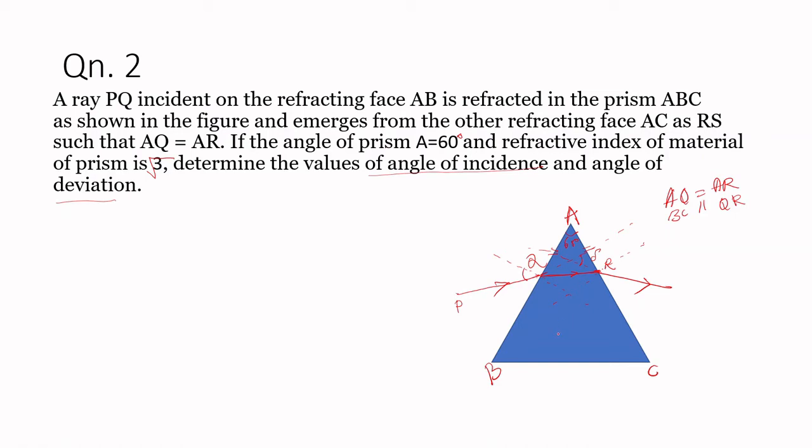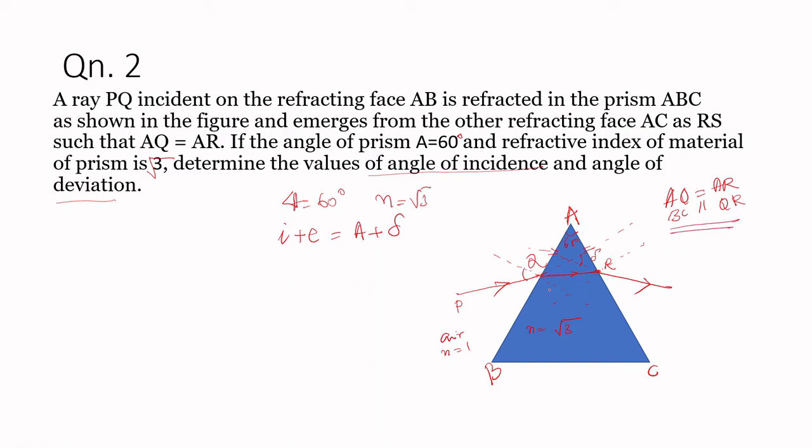So this material has a refractive index √3 and this is air, so refractive index is 1. Now we know that angle A given here is 60 degree. Then n value given is √3. So we know I plus E is equal to A plus delta. Since QR is parallel to BC, this condition is satisfied.